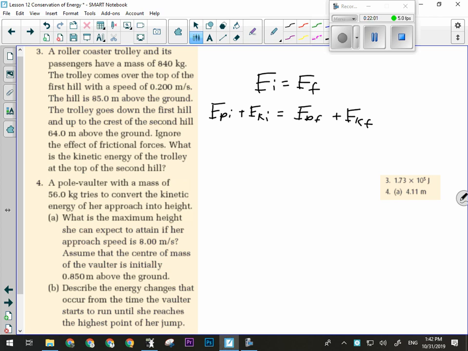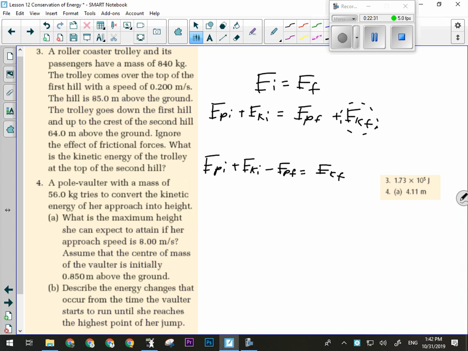Now, they want me to find the kinetic energy. They're not asking for the speed. So if I want to get that by itself, what do I do to EPF? Subtract it over. So I'm going to have EPI plus EKI minus EPF equals the final kinetic energy, which is what I'm looking for.